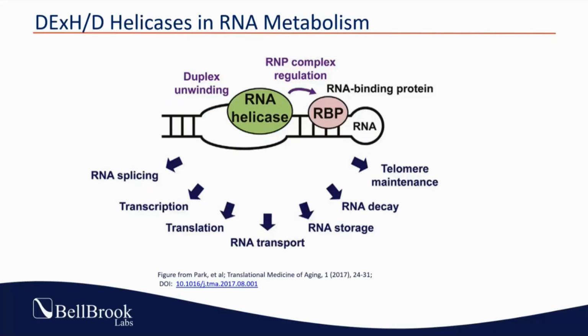an RNA helicase, called EIF4A, eukaryotic initiation factor 4A. And its role is to scan down the RNA in front of the initiation complex to clear any secondary structures so that the initiation complex can continue to move down the mRNA and find the initiation site.